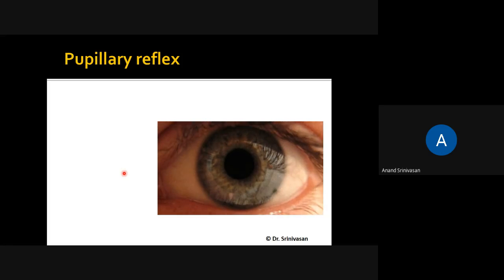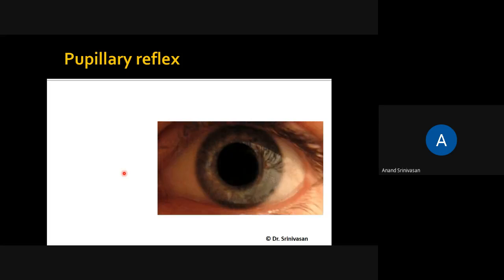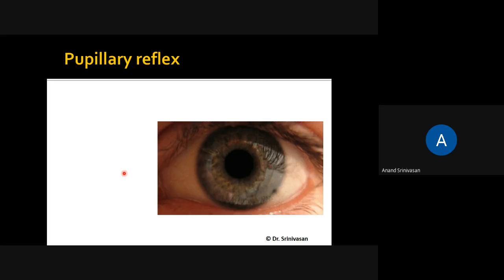If it is a fixed pupil, even if you throw light, it does not constrict. There are many conditions for this, and one of them is brain death.